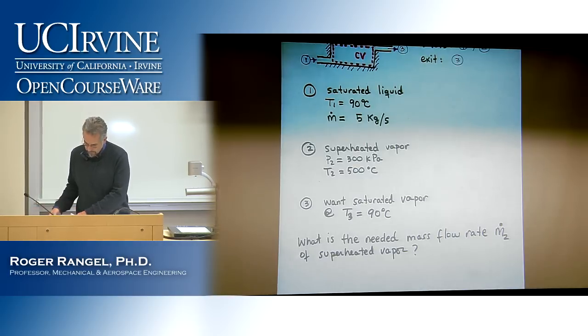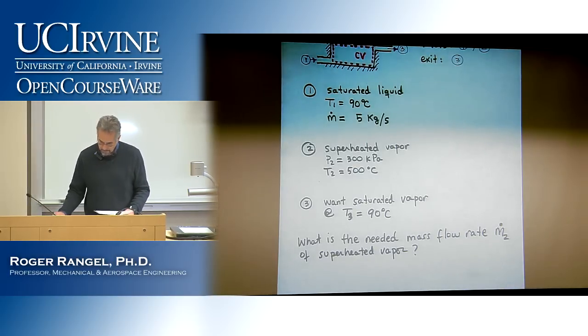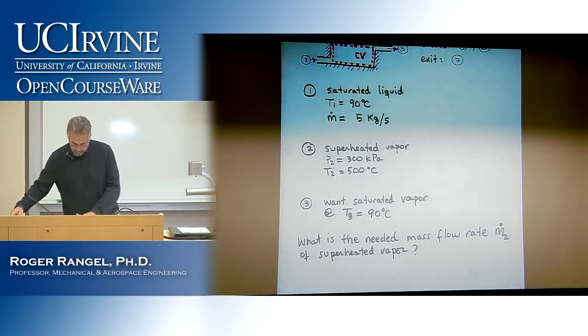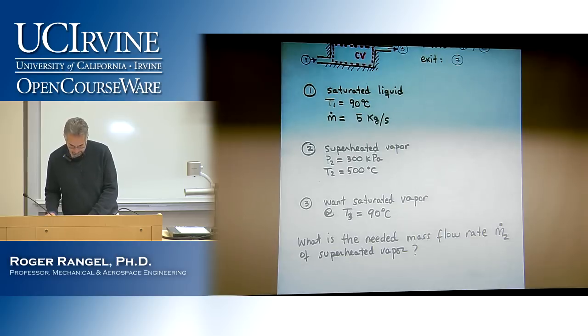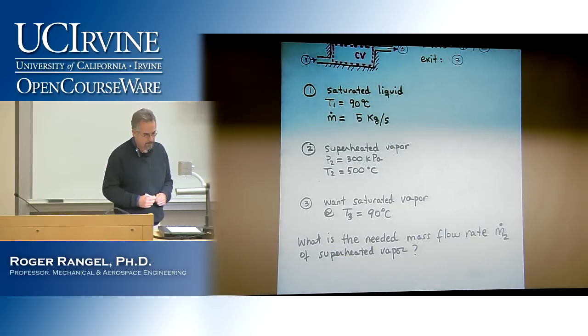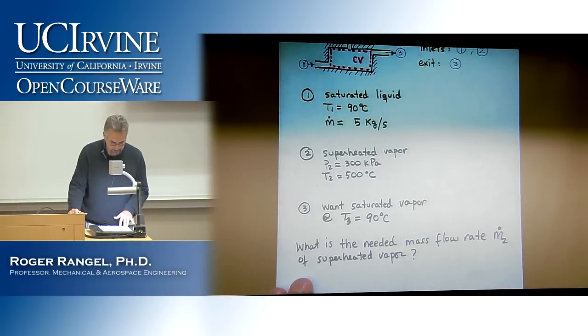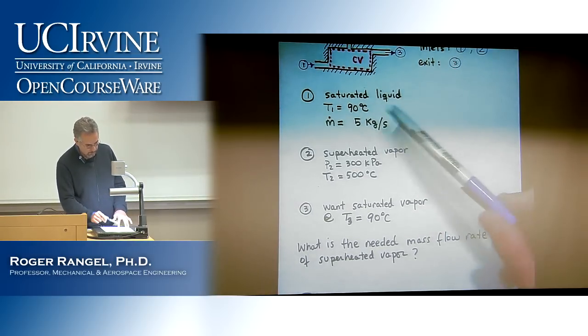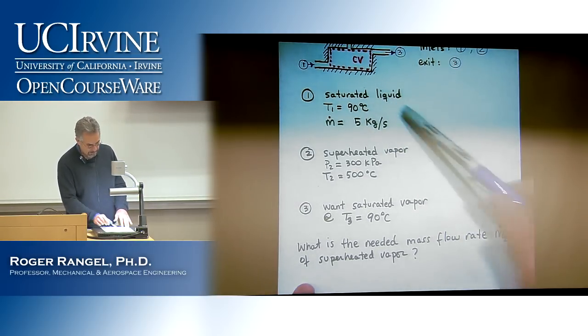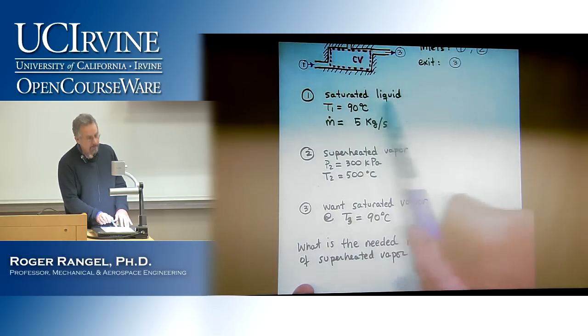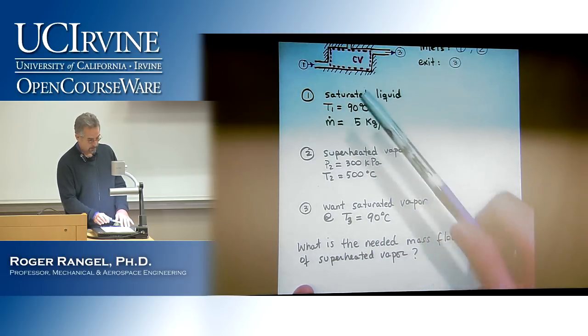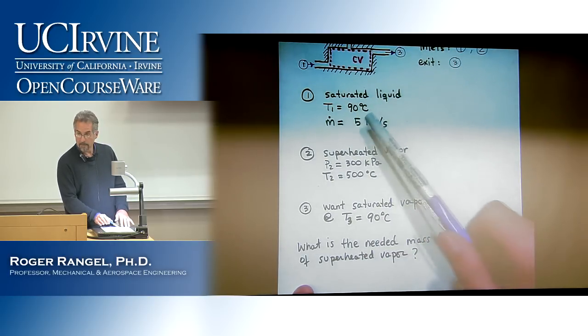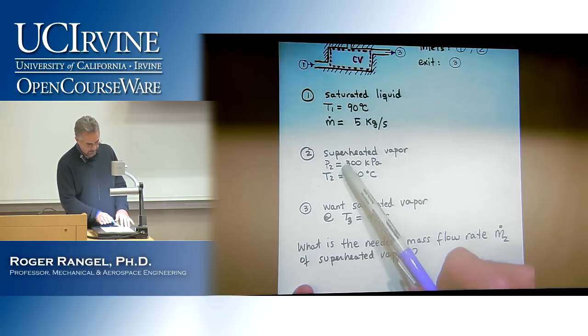So how do I solve it? Well, the first thing we can do is get the data. By now you can quickly get all this data. With this temperature and knowing that it is saturated liquid, we can get data for state 1, no problem.